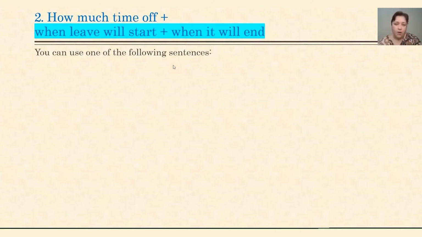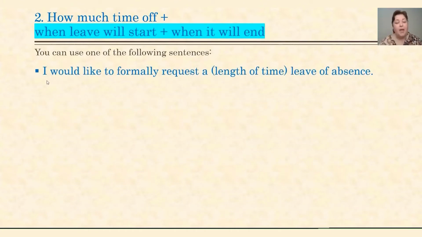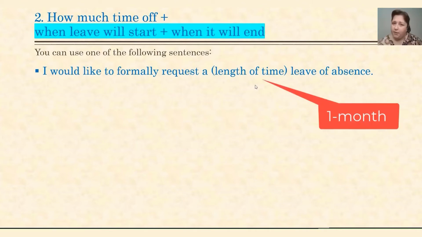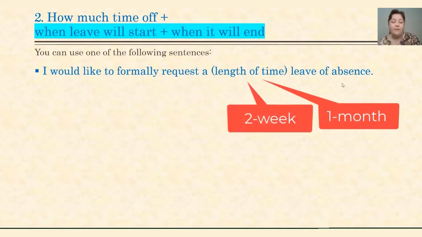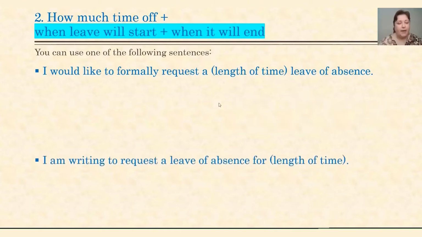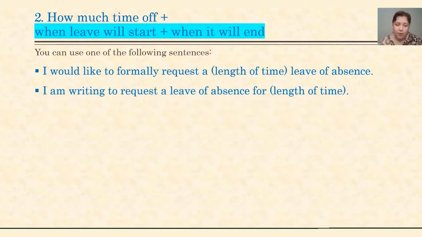You can use one of these sentences if you like. I would like to formally request a length of time, leave of absence. Length of time means you have to tell them, for example, I would like to formally request a 1 month leave of absence. I would like to formally request a 2-week leave of absence. You have to tell them how long. There is a different way that you can write this.